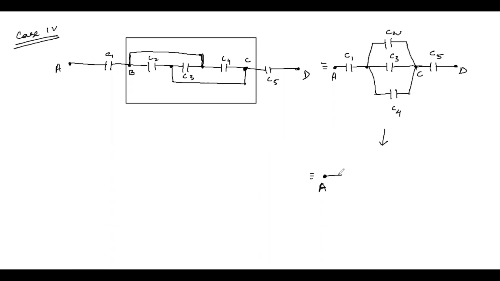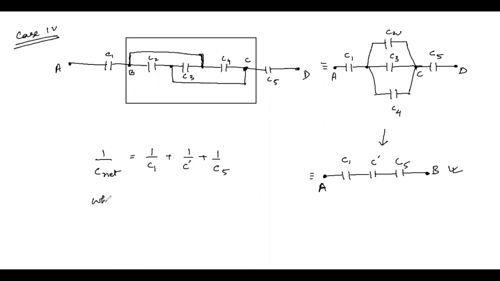Let's say that this is point A, where you have capacitor C1, and the equivalent capacitance of these three parallel capacitors, let's say it is C dash, and we have C5 there to this point B. So the equivalent capacitance of this final setup will be nothing but 1 by C1 plus 1 by C dash plus 1 by C5, where C dash is equal to C2 plus C3 plus C4.